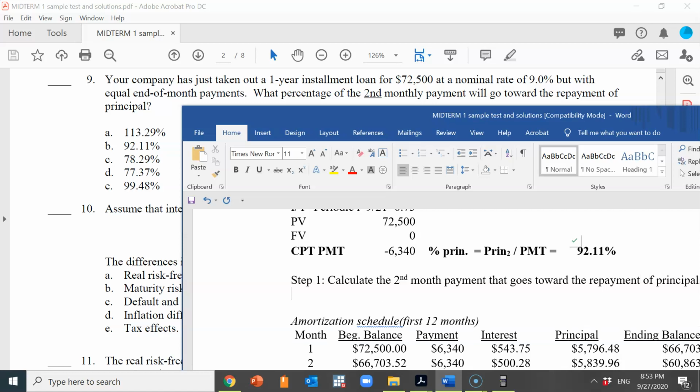We can do this by using second amortization. By pressing second amortization on the calculator, we can see P1, and we set P1 equals P2 equals 2. Then we check the monthly payment.